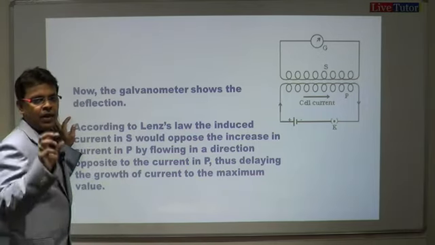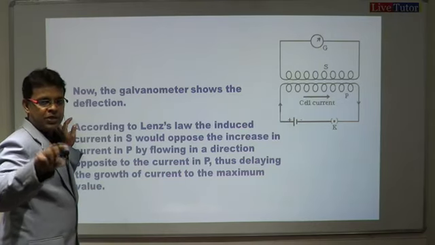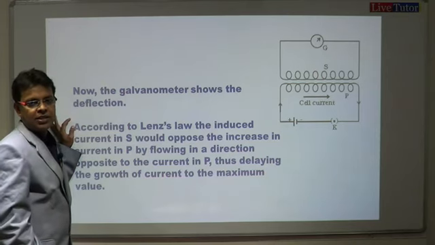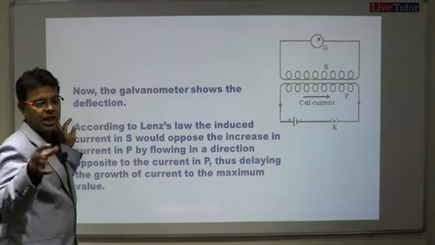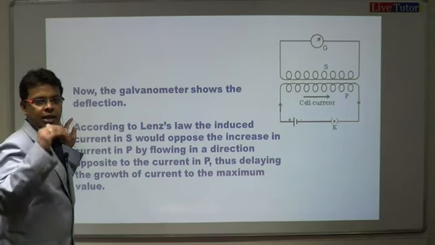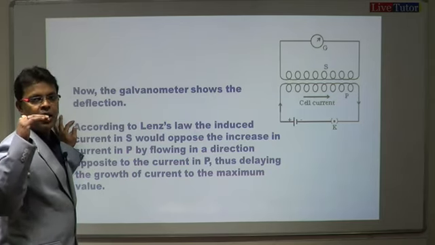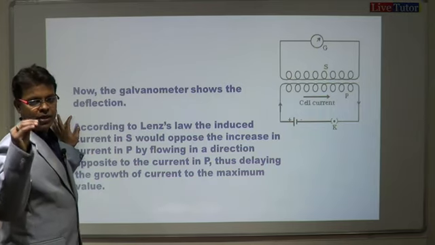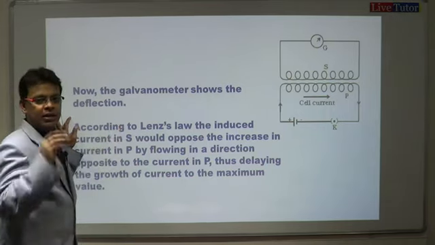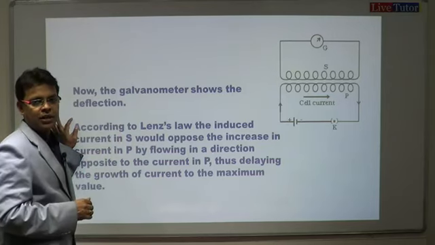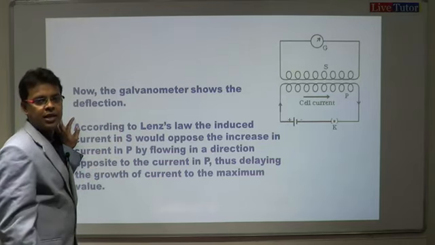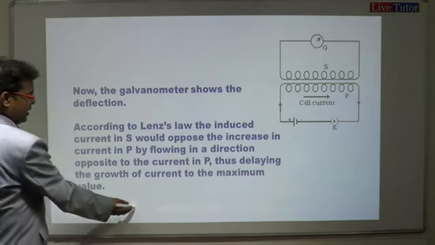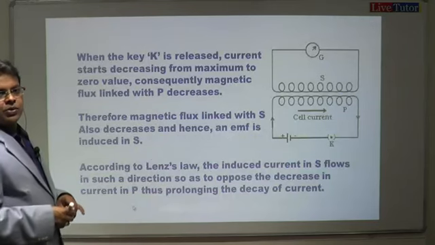As per Lenz's law, it will always flow in such a direction that it opposes the change or cause that produces it, as we have said. So according to that, when the current in the primary coil changes from 0 to maximum, the induced current in the secondary coil will try to oppose it, right? This is the usual one, as we have seen in self-induction also.